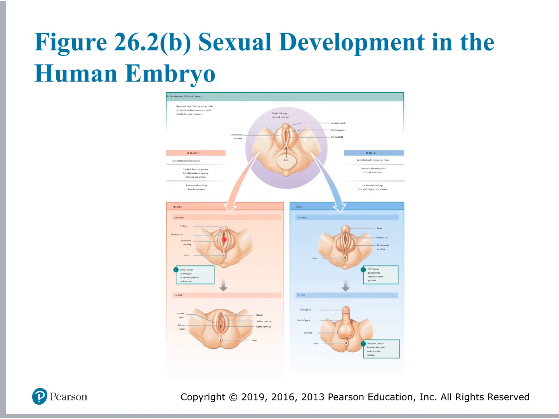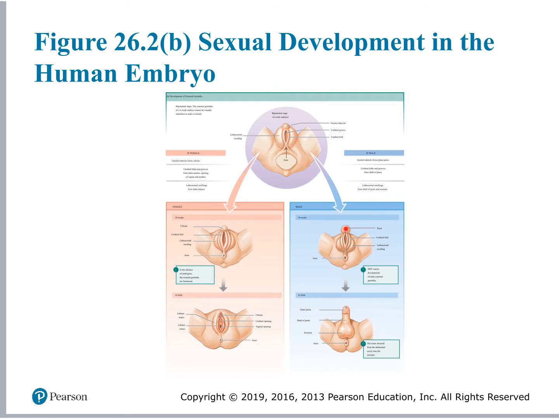The urethral folds, right here and over here, form part of the labia minora, which are the folds of skin on the inside, and they form as a hood around the clitoris. And then we also have the openings to the vagina and the urethra. And then we have the labioscrotal swellings, which are going to be outside here, and the labioscrotal swellings will form the labia majora.